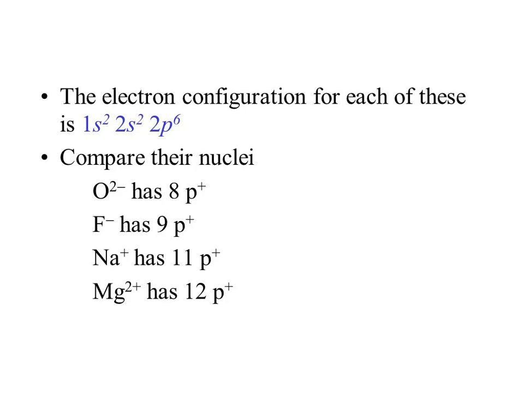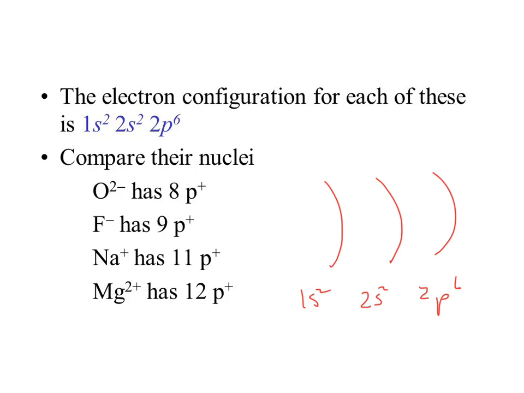We don't even have to go that far. Basically, if we draw a little picture, each one of these has either lost electrons or gained electrons to get the same rare gas configuration of neon.